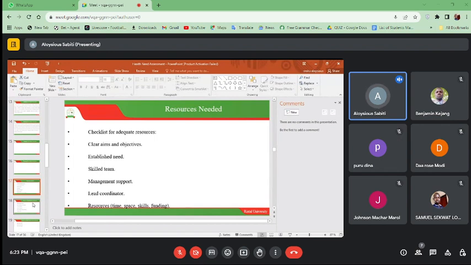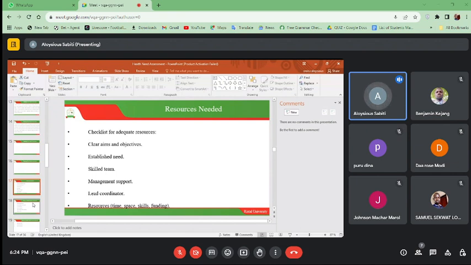Then an established need, and then the team has to be skilled, and then the management support has to be there, that if it is a hospital, the hospital is able to support you by offering you the available finances and so forth. If it is an institution, a non-government organization, the management should also be able to offer you that support.